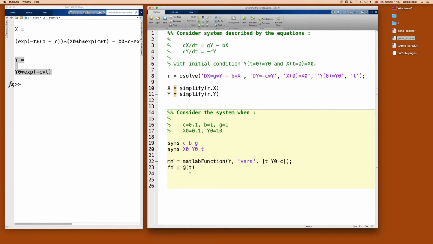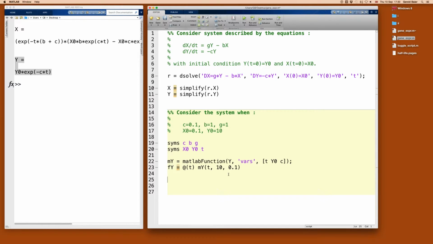So we want a function where the only thing that is unknown is t, and I'm going to pass it the previous function my with t unknown, and then y0 is 10 and c is 0.1. Okay, so that function is the function that we can use in fplot.